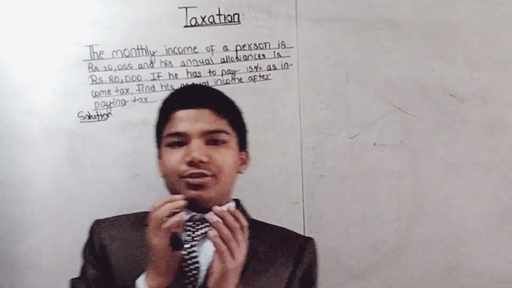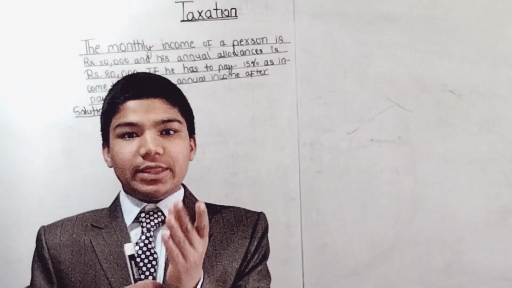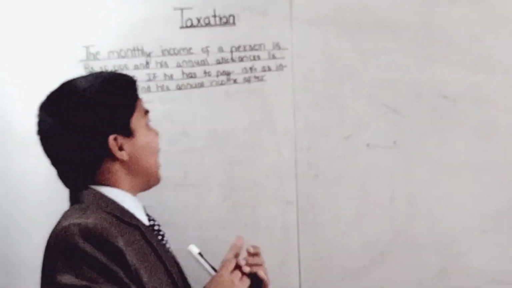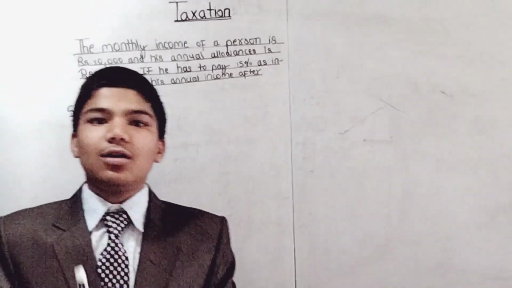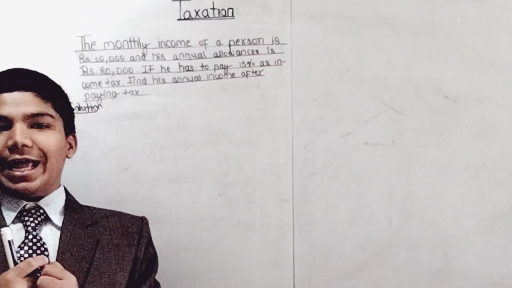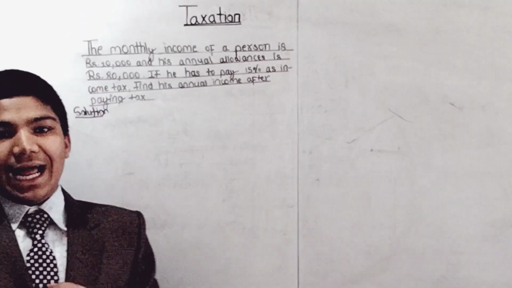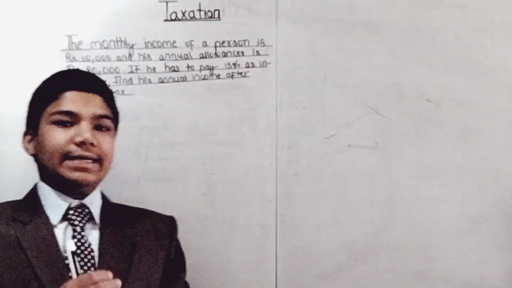So in the question there is a person whose income is rupees 10,000 monthly, not yearly, and the yearly allowance, not monthly, is rupees 80,000 and the rate of tax is 15%, and at last we are told to find the yearly income after paying tax.